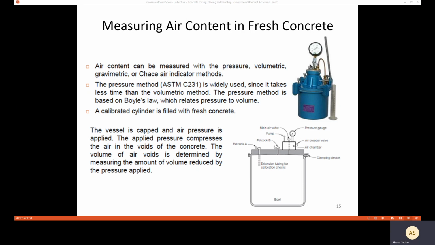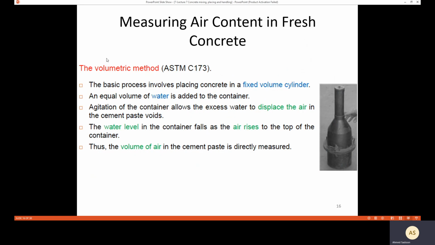This process could also be done using the volumetric method. In the volumetric method, we are going to use this volume cylinder. We are going to deliver the concrete inside this cylinder to a certain limit.